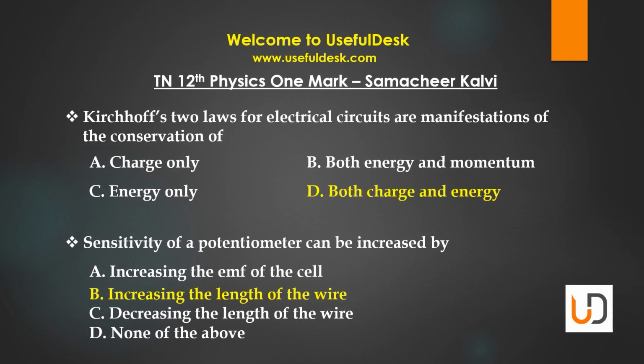The next question is: Kirchhoff's two laws for electrical circuits are manifestations of the conservation of. The options are charge only, both energy and momentum, energy only, both charge and energy. The correct answer is both charge and energy.